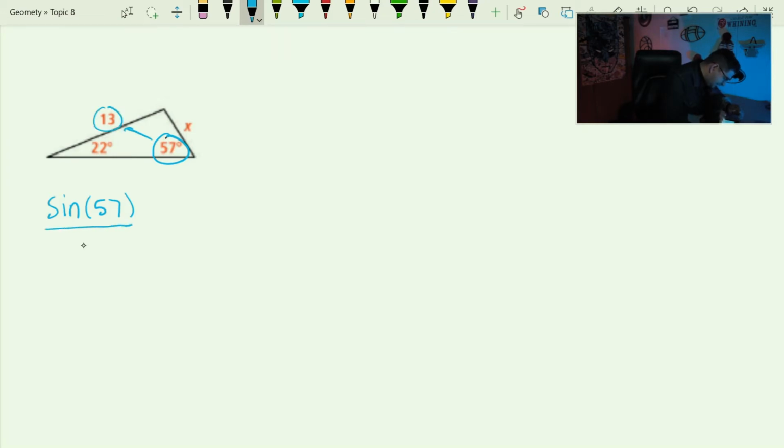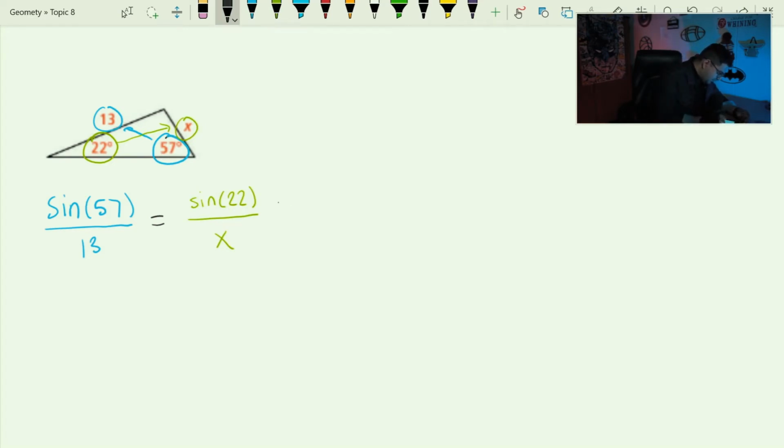The law of sines says that has to equal that same pair for any other angle and side combo. So we're going to take the sine of 22 and divide that by X. Now I have my equation set up, so all I have to do is solve for X.